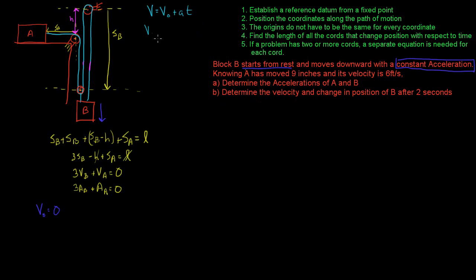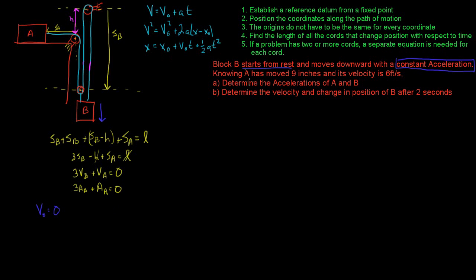The final velocity squared is equal to an initial velocity squared plus 2 times the acceleration times the final position minus the initial position. And the final position is equal to an initial position plus an initial velocity times time plus 1/2 times the acceleration times time squared.